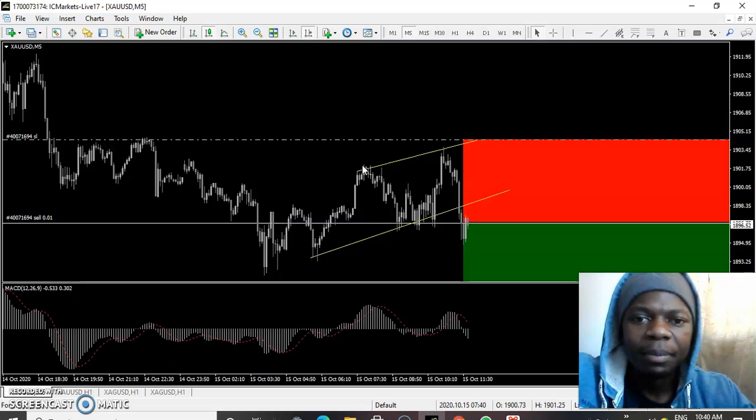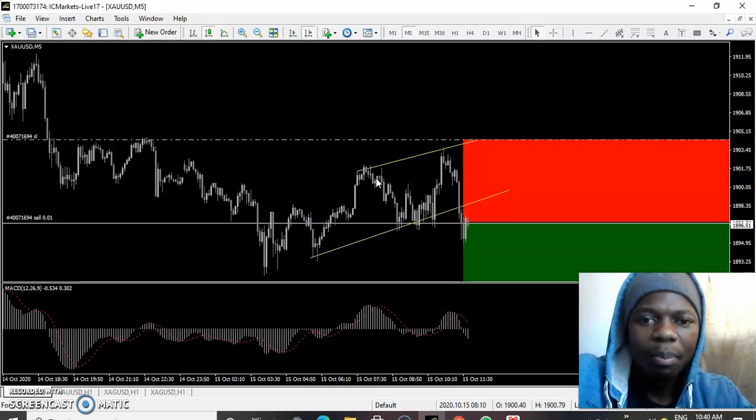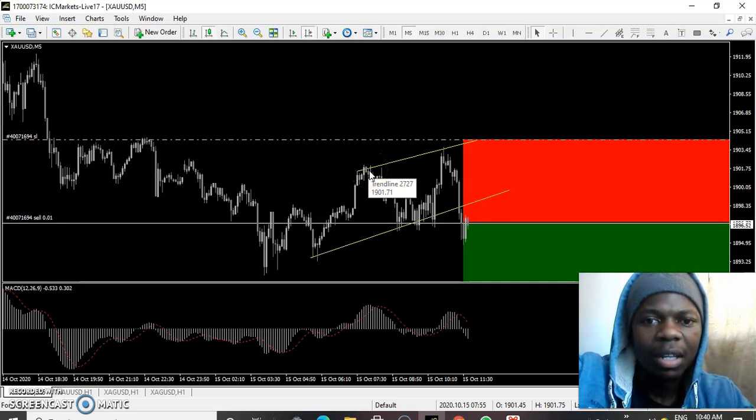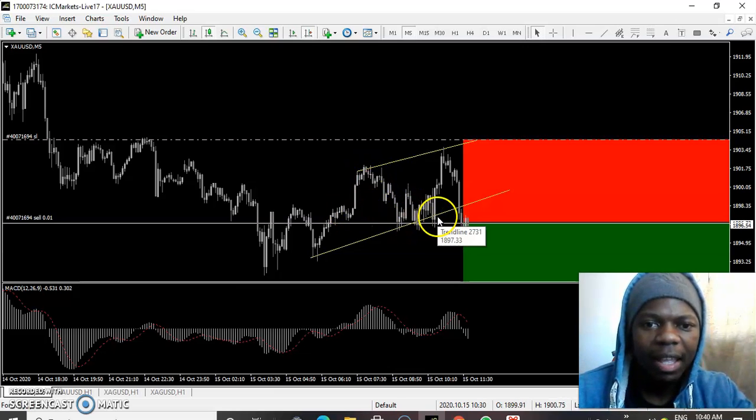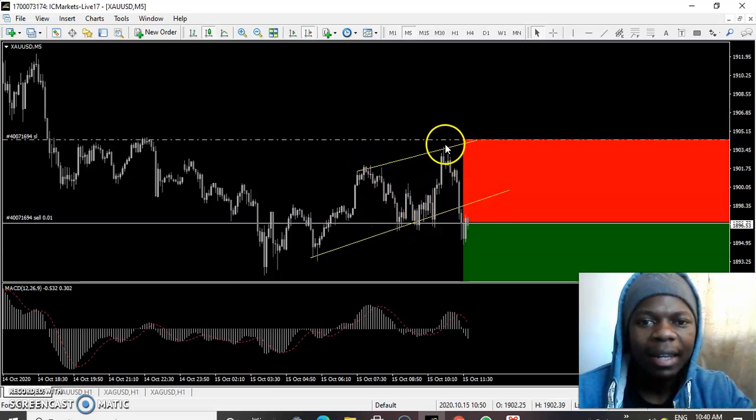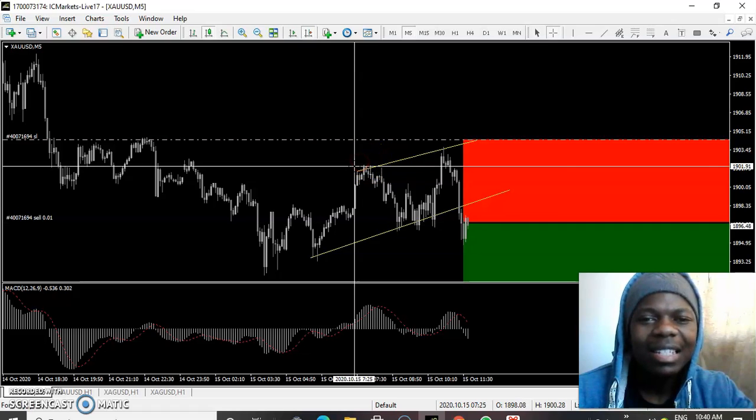And then they pulled back again. They pulled back again, quite deep. Okay, and then they went again, but this time they slightly beat their recent high.